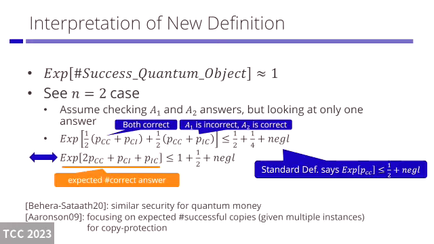There are a few related works. Behera and Sattath proposed a similar security definition for quantum money with a similar flavor to this notion. And Aaronson also proposed a definition for copy-protected programs by focusing on the expected number of successful copies.